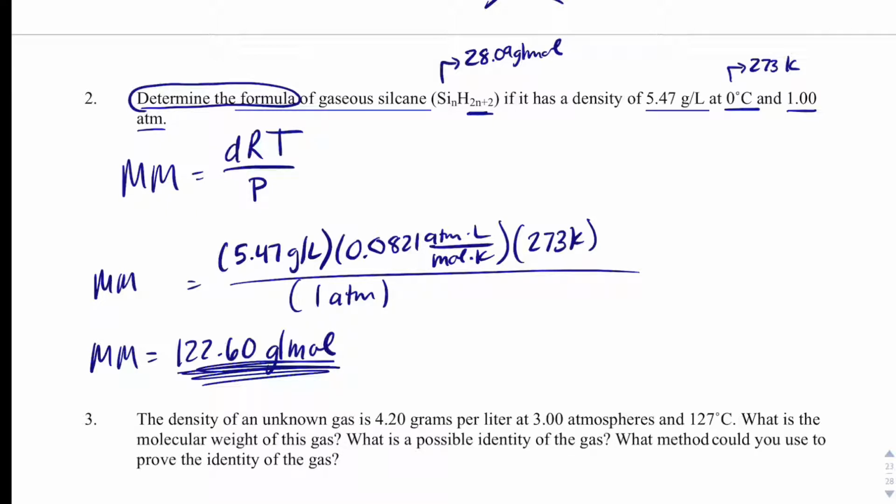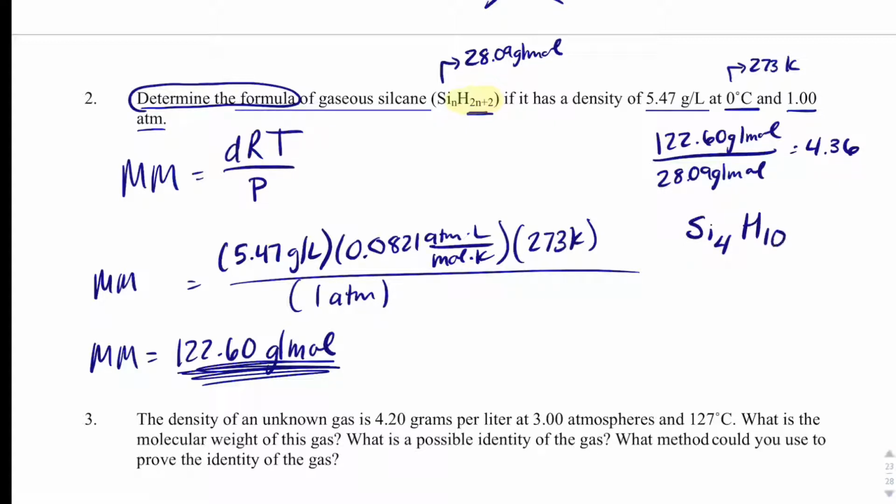So I'm going to take 122.60 grams per mole, and I'm going to divide it by 28.09 grams per mole. And when I do that, I get 4.36. So that means my silicon is going to be 4. And then if I look at my formula for hydrogens, 2n plus 2, well, n is now 4, so 2 times 4 is 8, plus 2 would be 10.